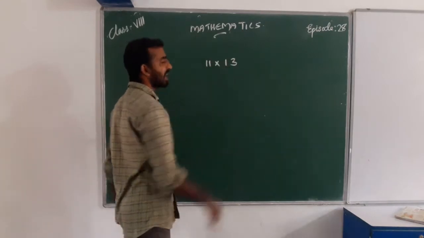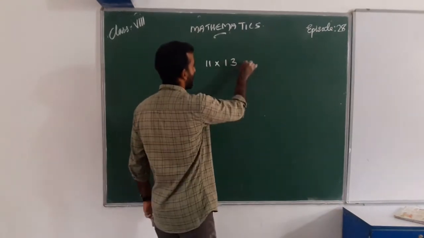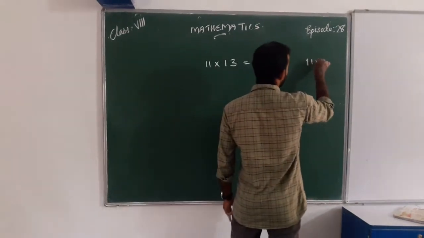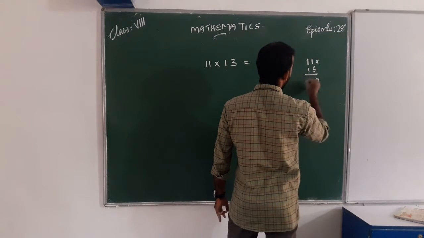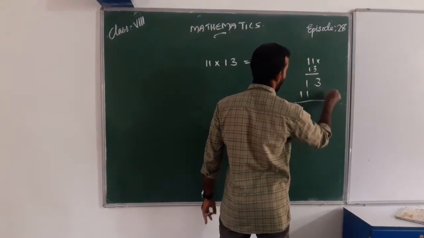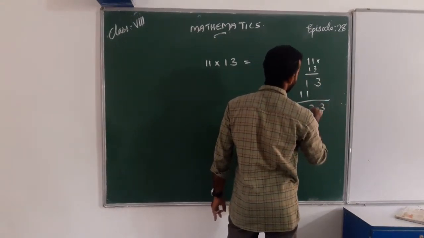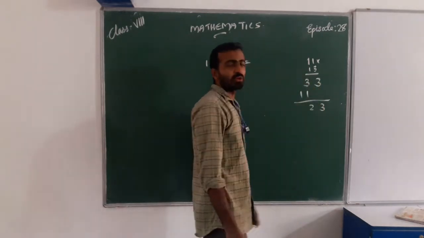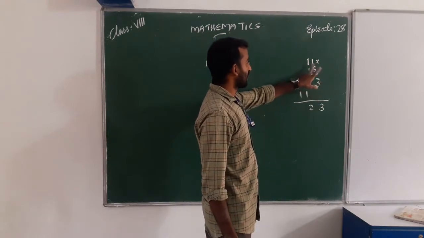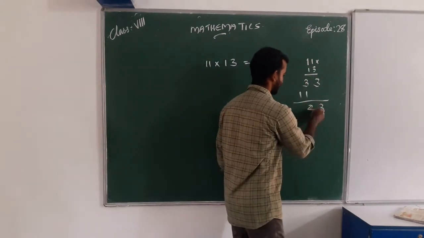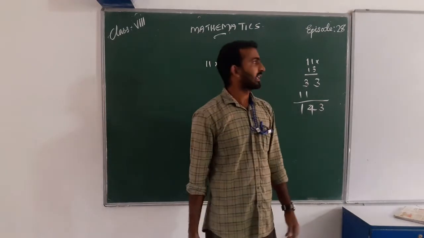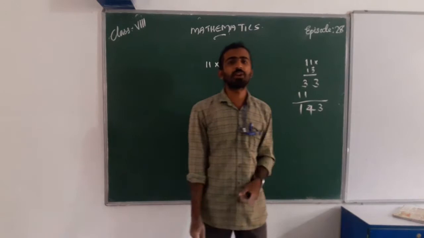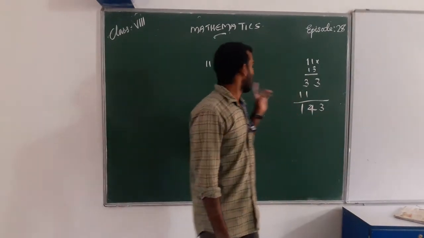What is the answer of 11 into 13? 11 into 13 equals 143.